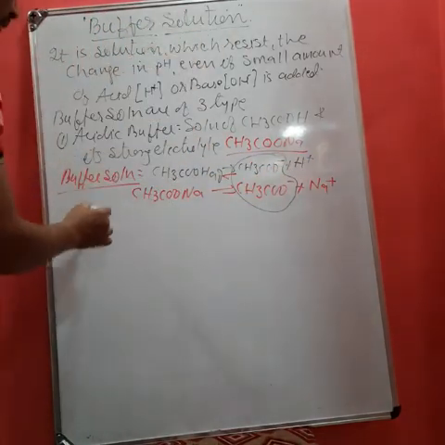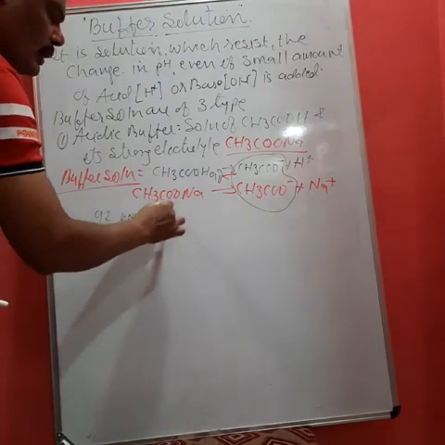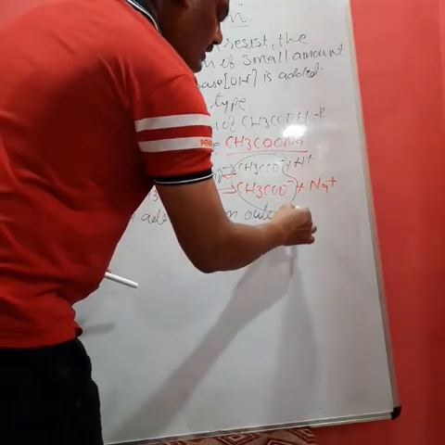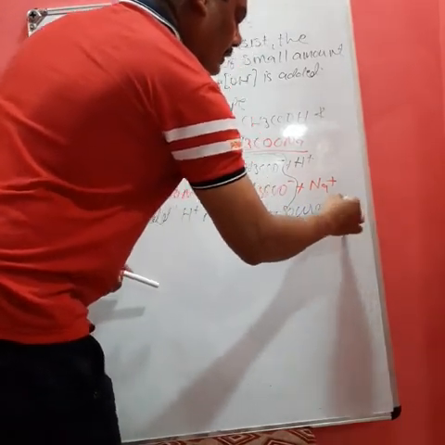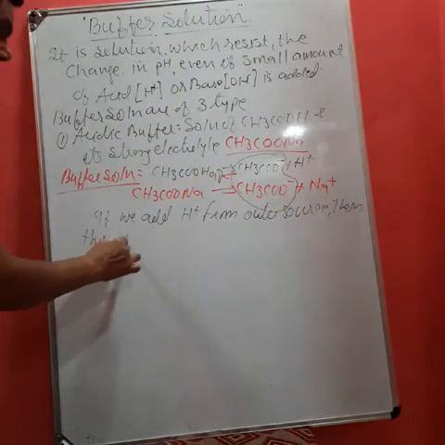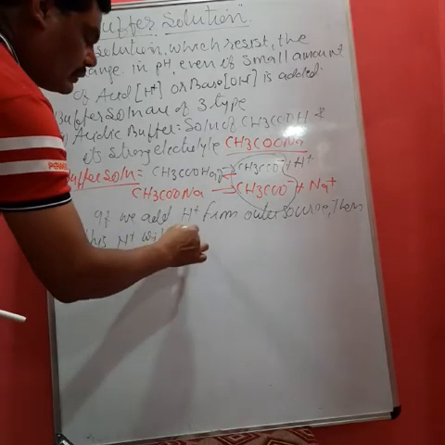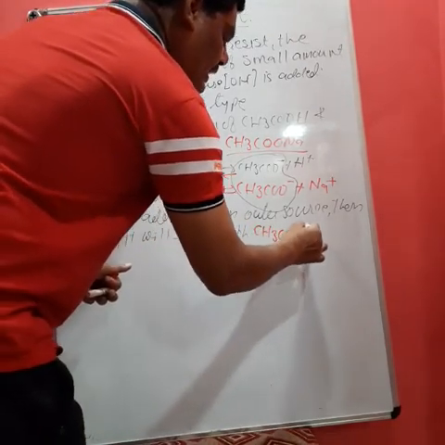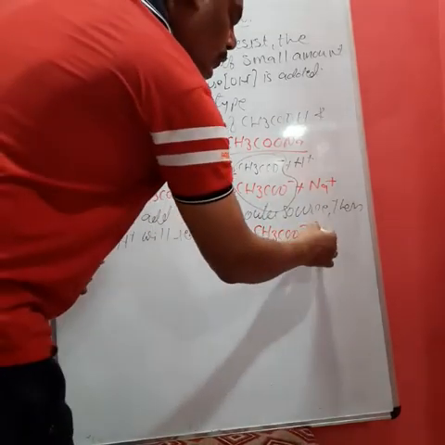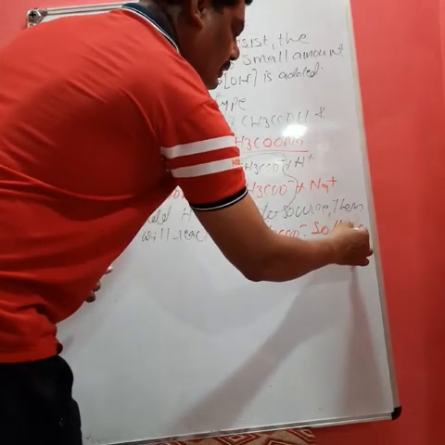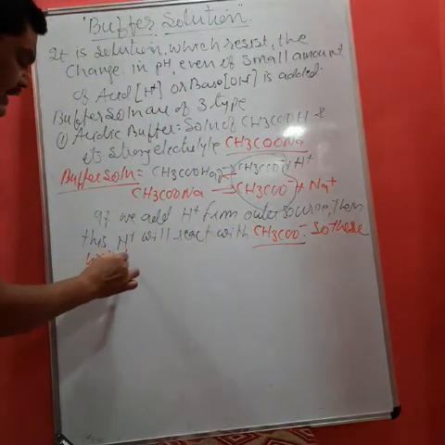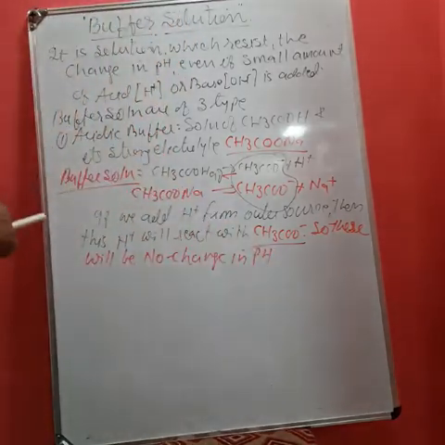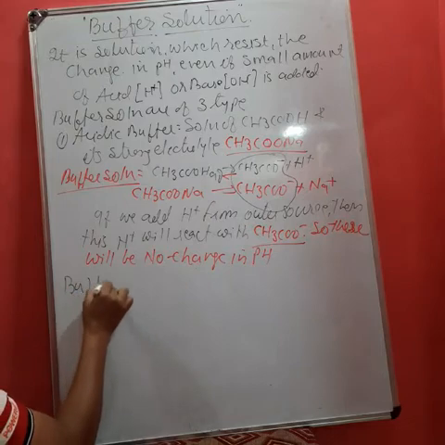So if we add H cation from an outer source, then this H cation will react with acetate ion because its quantity is more. So there will be no change in pH.